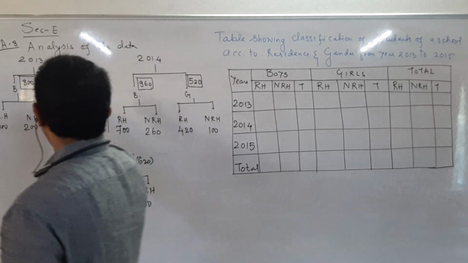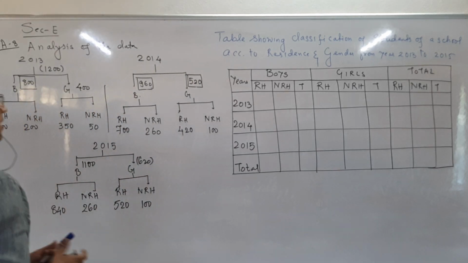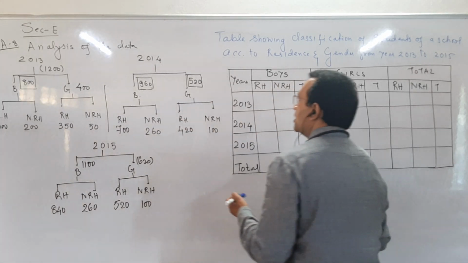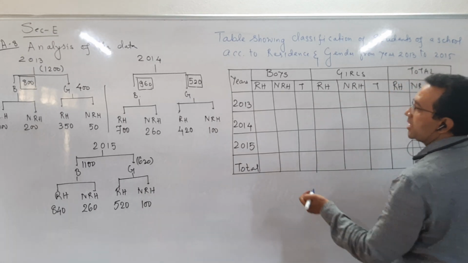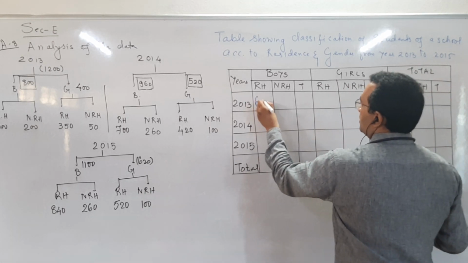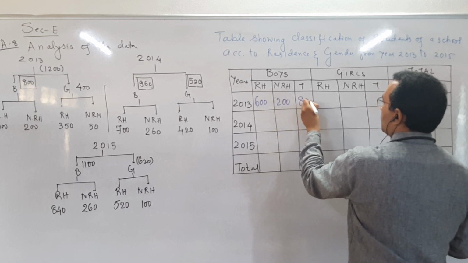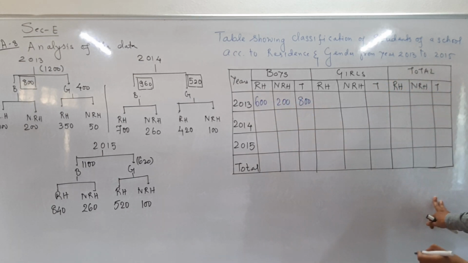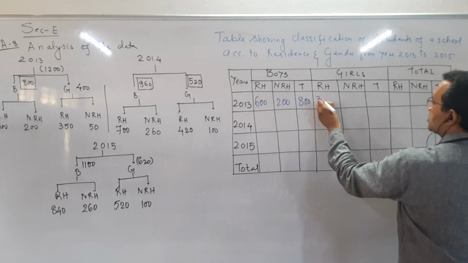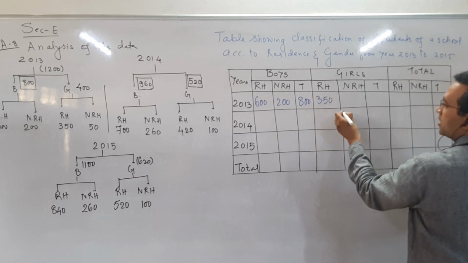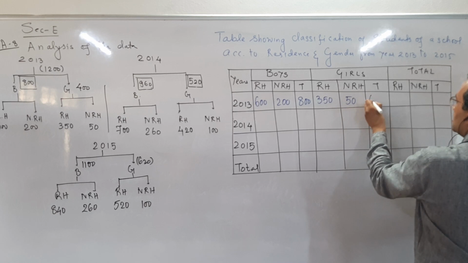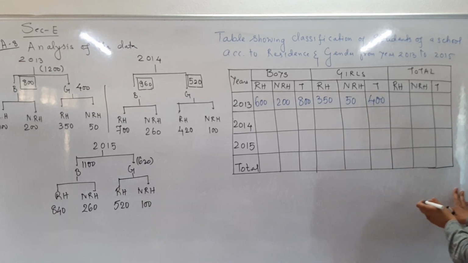How many boys were not residing and residing in hostel in the year 13? Residing was 600, not residing was 200, number of boys were 800, residing in hostel was 350, not residing in hostel was 50, number of girls were 400.